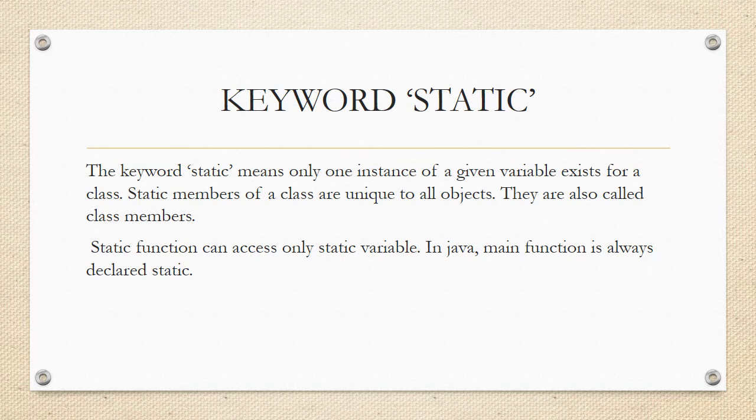So each and every execution of the function, each time it will be created, executed, and then destroyed. So if you want a variable to retain its value throughout the program, you will declare it as a static variable. Okay, so static means only one instance of a given variable exists for a complete class.